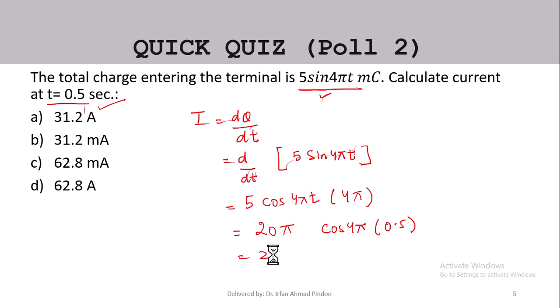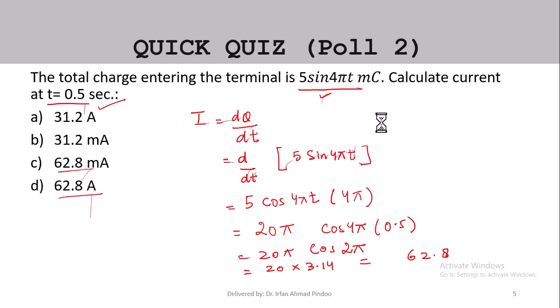So the value will come out to be 20 pi into cos of 2 pi. Now cos of 2 pi is equal to 1, so the value is 20 into pi, which is 3.14, so it should be 62.8.